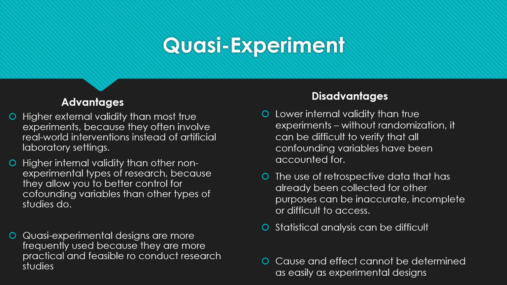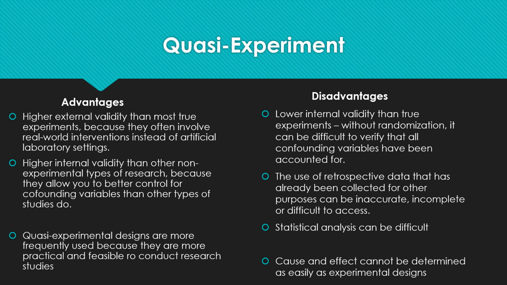So we are going to dig into the advantages and disadvantages of quasi-experiment. We'll start with the advantages. Quasi-experiment has a higher external validity than most true experiments because they often involve real-world interventions instead of artificial laboratory settings, which we did discuss earlier in our presentation.